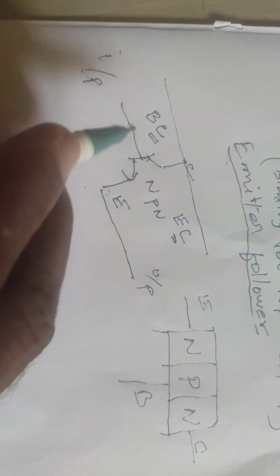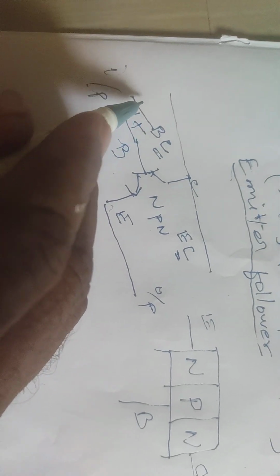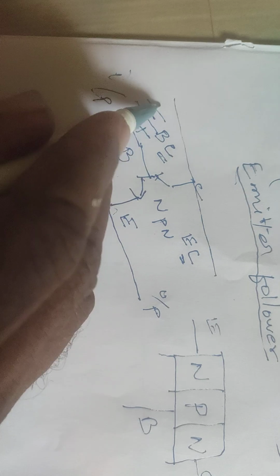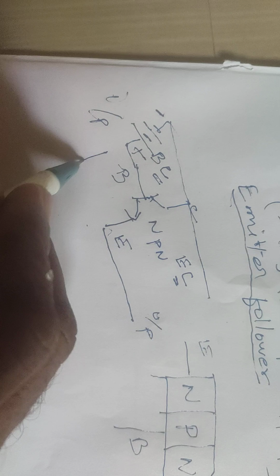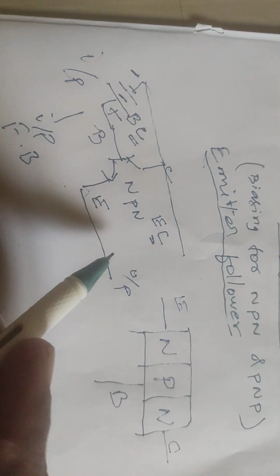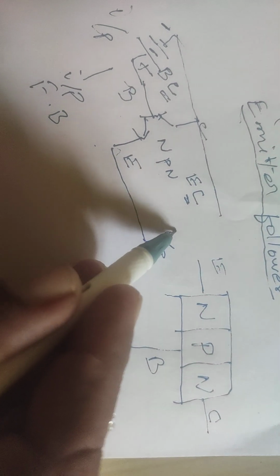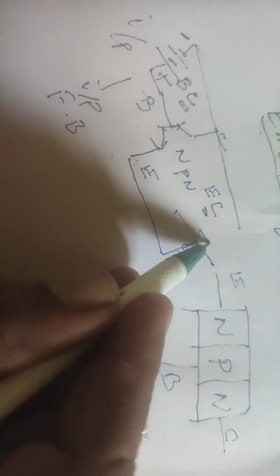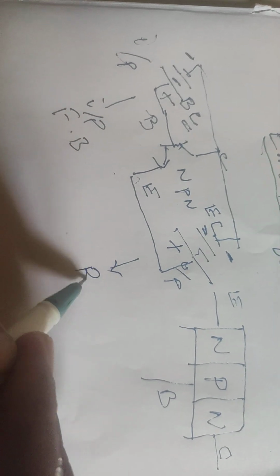Base is P-type semiconductor, so base terminal gets positive supply with respect to the collector. So base positive, collector negative, input port is in forward bias. Output is reverse bias. Emitter is N terminal, so emitter gets positive with respect to collector. So emitter is positive, collector is negative, so output is reverse bias.